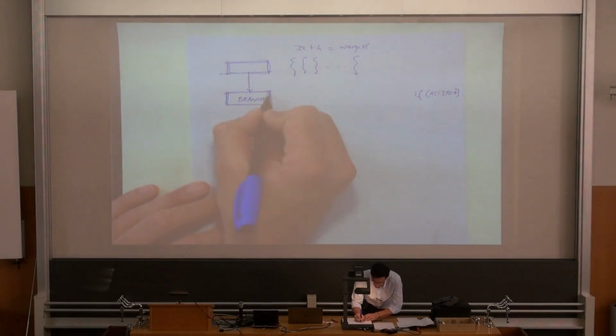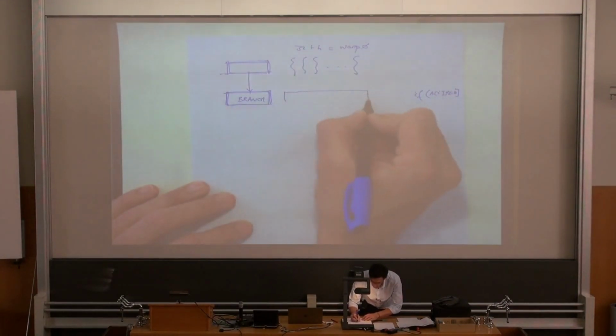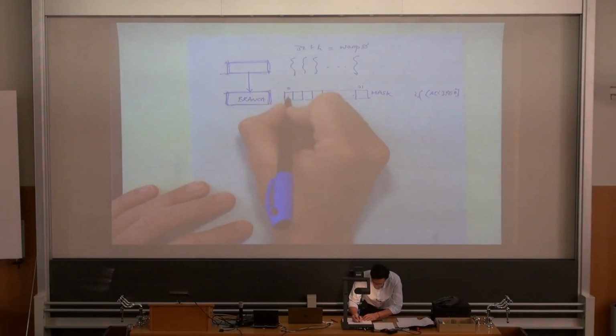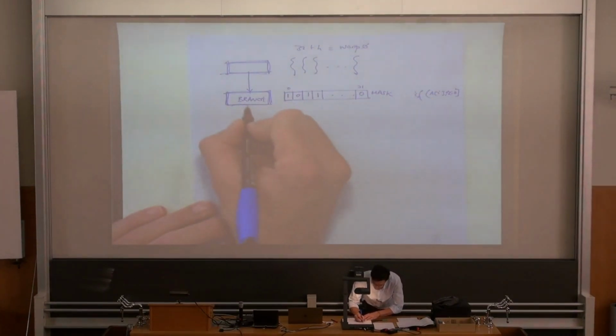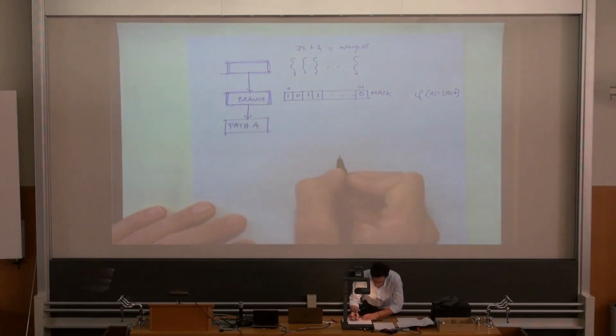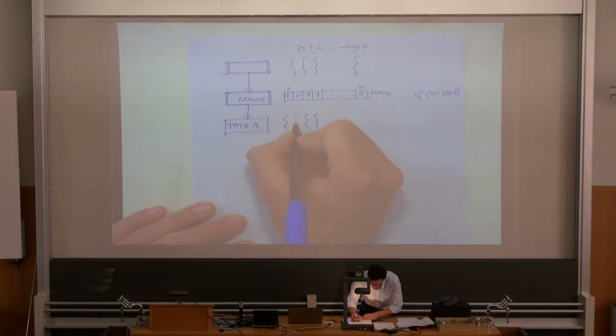So what we will do here in the branch is calculating a mask. For all these 32 threads from 0 to 31, we will have one bit, 0 or 1, in the mask. Then the 32 threads go through path A, but actually only those that have 1 in the mask will be really executing.